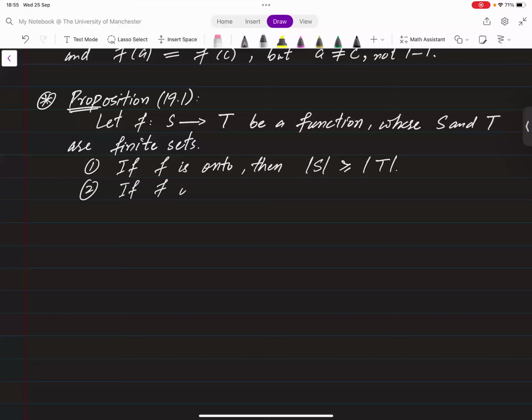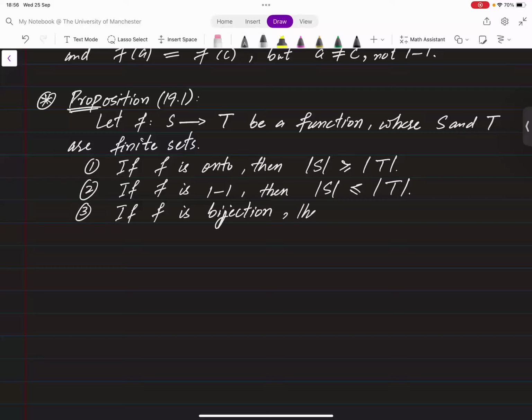Number 2, if f is 1-to-1, then order of S is less than or equal to order of T. Number 3, if f is bijective or a bijection, then their order is the same. Let's give a proof.